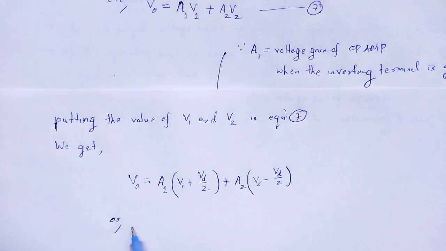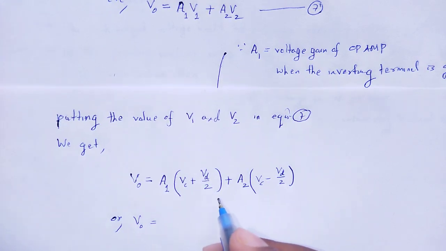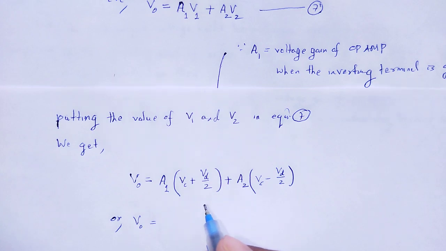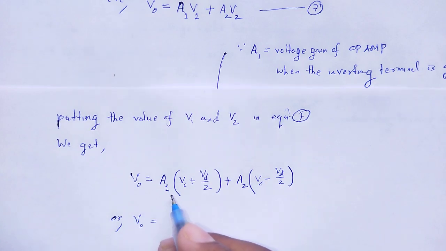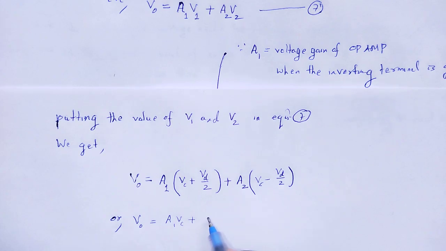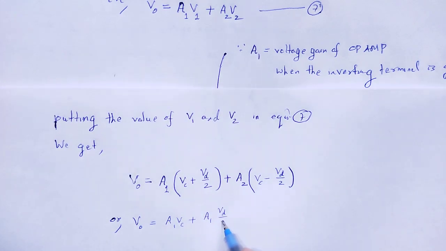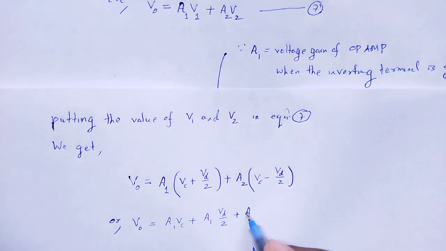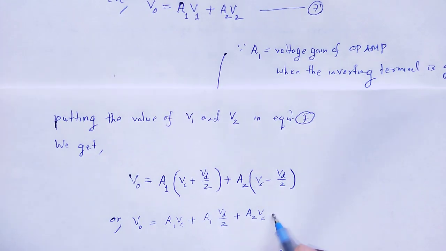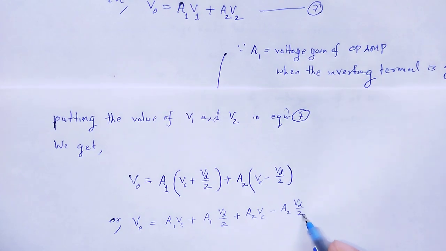Or Vo is equal to A1 Vc plus A1 Vd by 2 plus A2 Vc minus A2 Vd by 2.